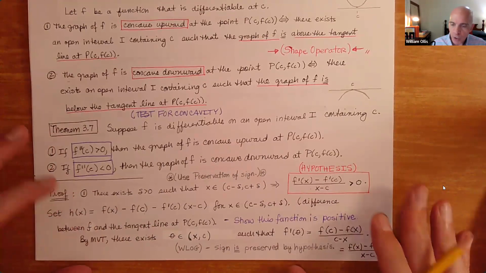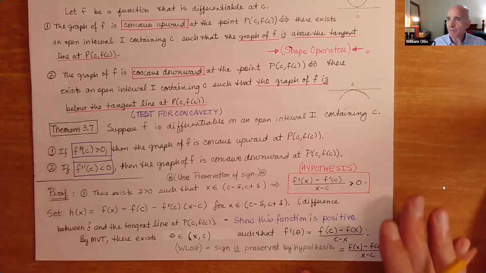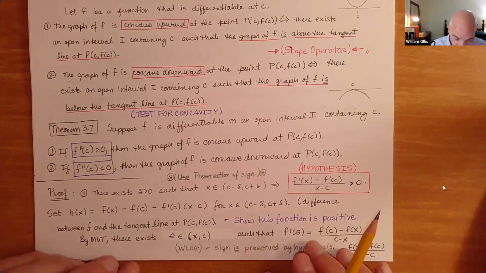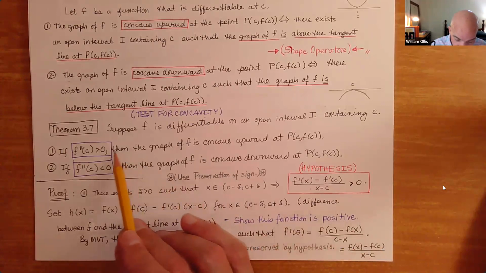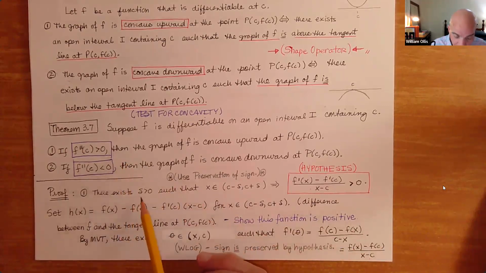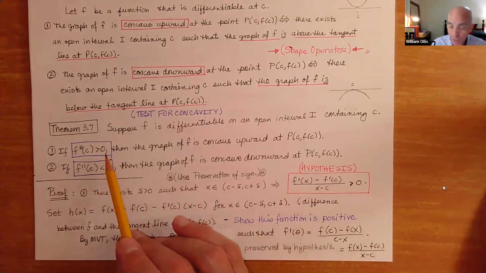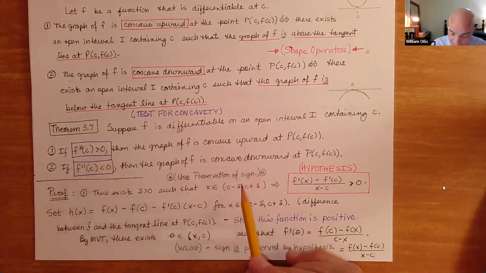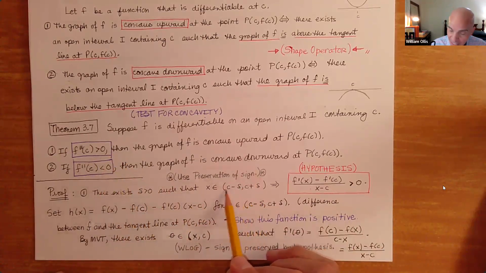Let's look at one. You'll find this to be very straightforward and very similar to things we've done previously using the mean value theorem. So let's look at the first hypothesis. Now, because of the preservation of sign and continuity, we can take a delta and just consider a symmetric interval about c, delta to each side.